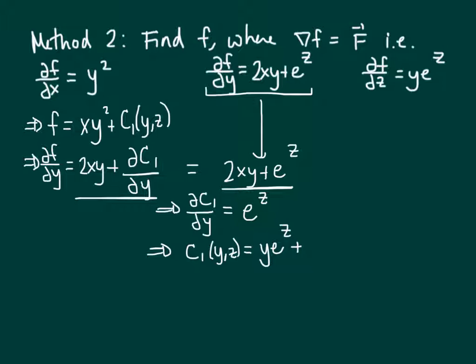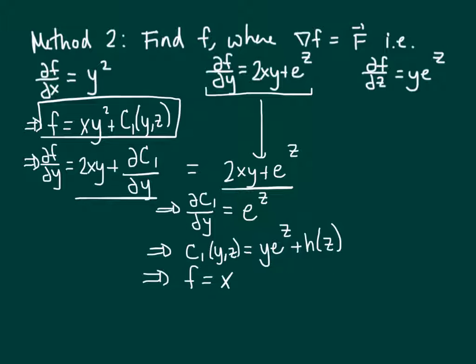So I'm going to call it h of z. So it's any function of z here. And this tells me that f, my f that I had up above right here, has got to be xy squared plus y e to the z plus potentially some function of z, so plus h of z.